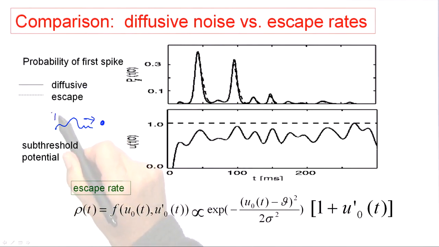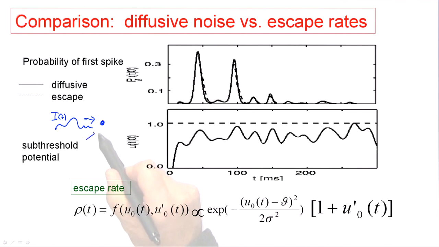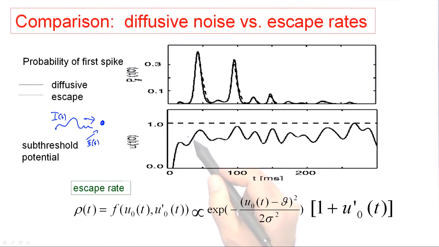The deterministic part of the input gives rise to this deterministic trajectory. Now, for the diffusive noise model, we would have this extra noise term that makes a diffusion of the actual trajectories away from the reference trajectory. And so you may expect that whenever the membrane potential is close to the threshold, the probability of firing is high.